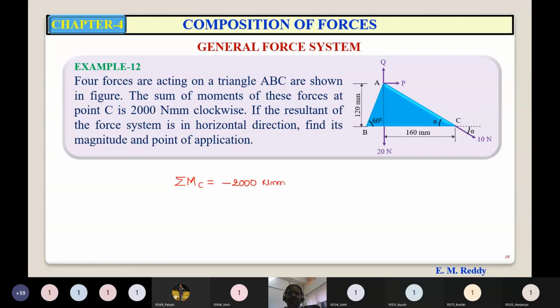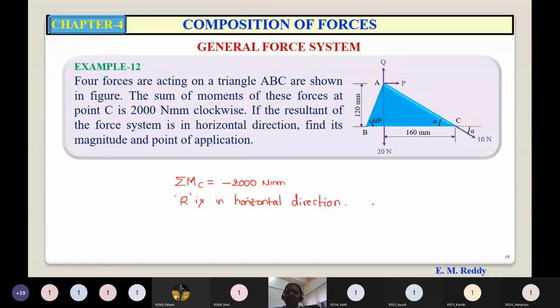Second condition is that the resultant of the force system is in horizontal direction. So what is your conclusion?